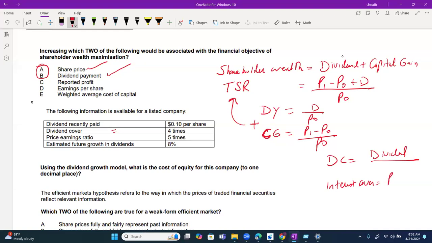Interest cover formula was PBIT divided by interest. It's a very famous formula. Although it's not relevant here, but just telling you. How much we have in profit to cover the interest.